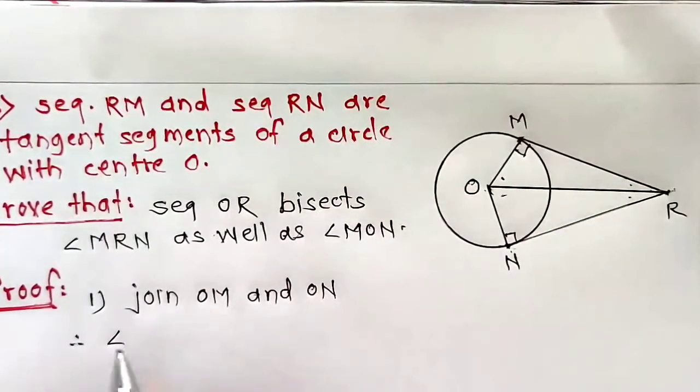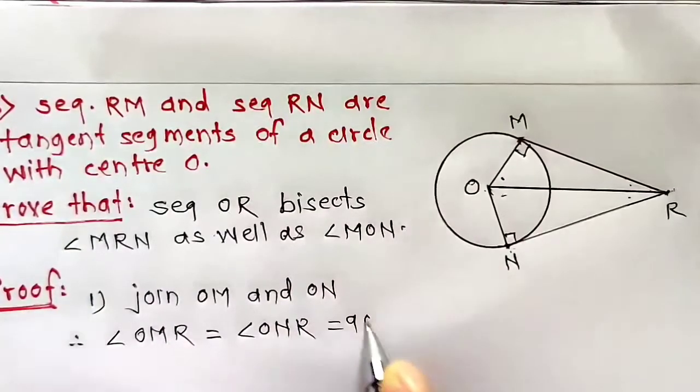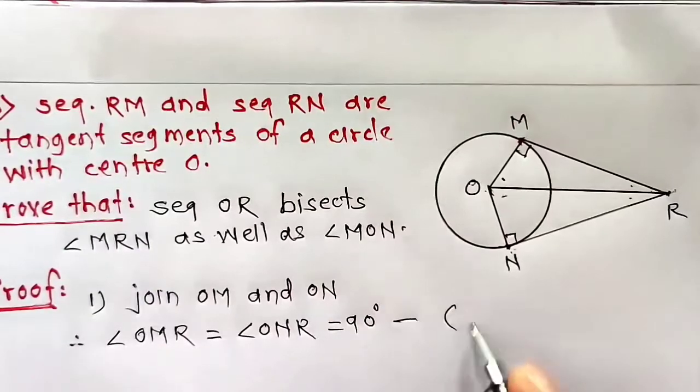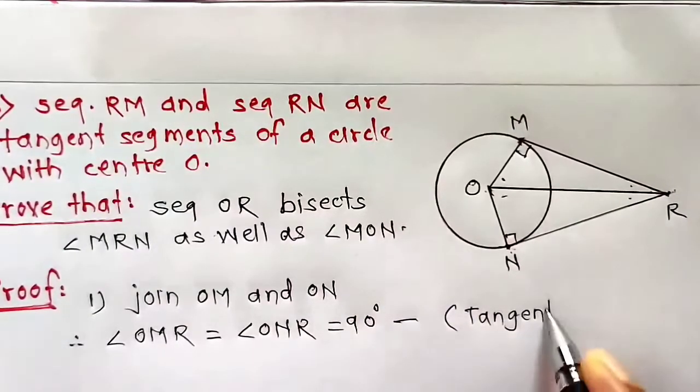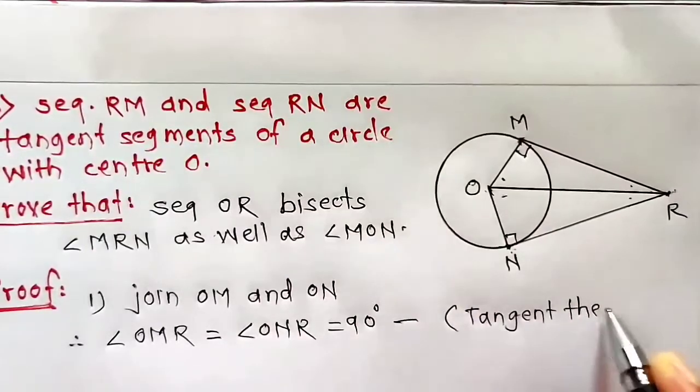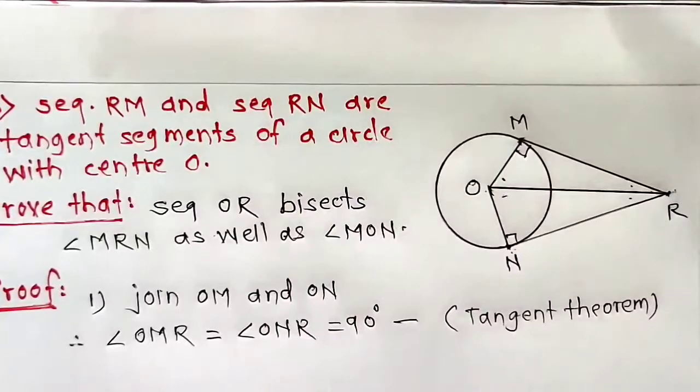Therefore, angle OMR is equal to angle ONR is equal to 90 degrees. Reason, which theorem? Tangent theorem. The radius is perpendicular to the tangent at the point of contact.